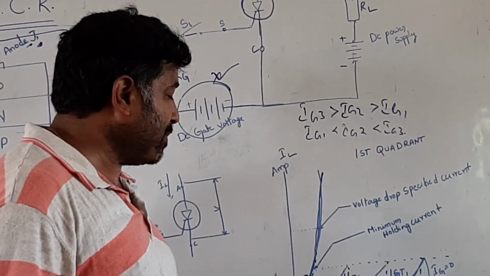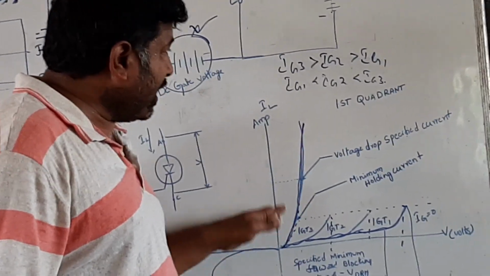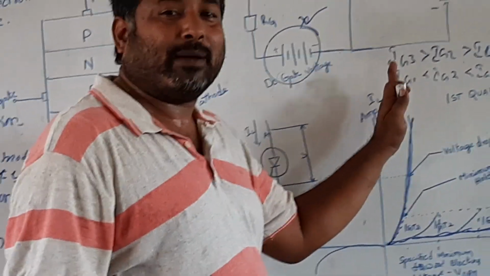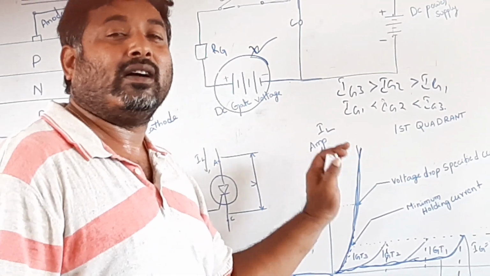At this point, on the application of this gate voltage, the current is increasing rapidly. This is the basic VI characteristics of an SCR.